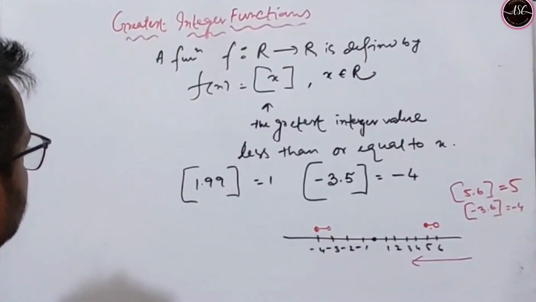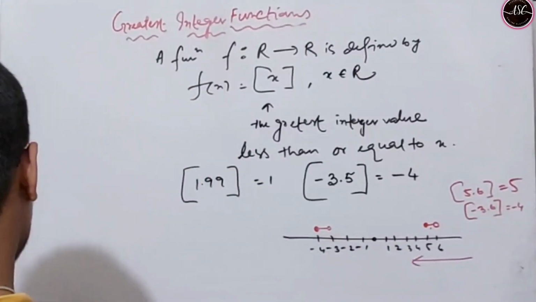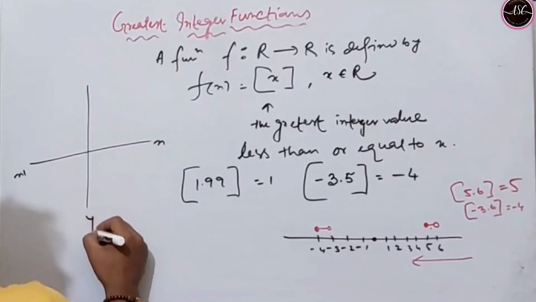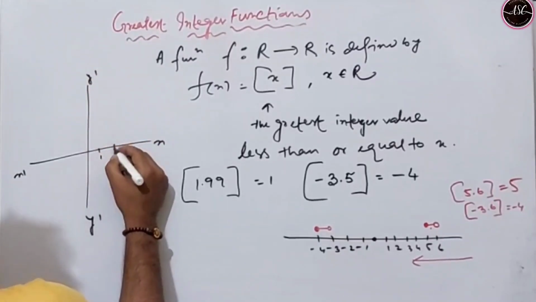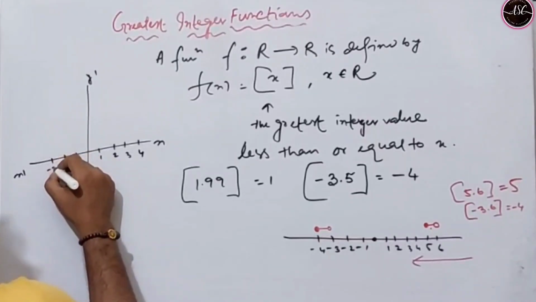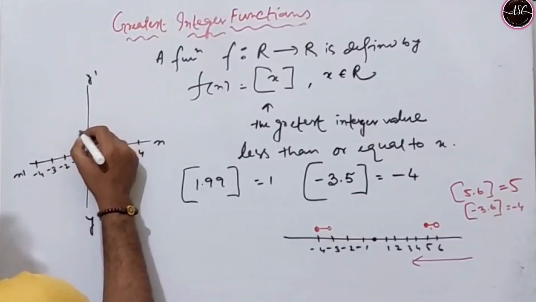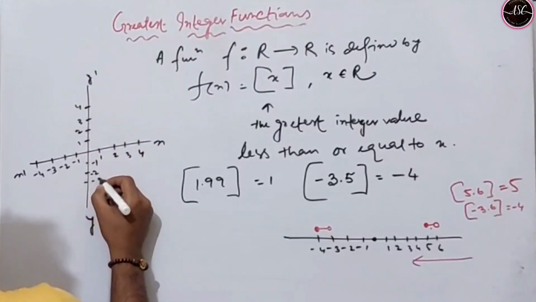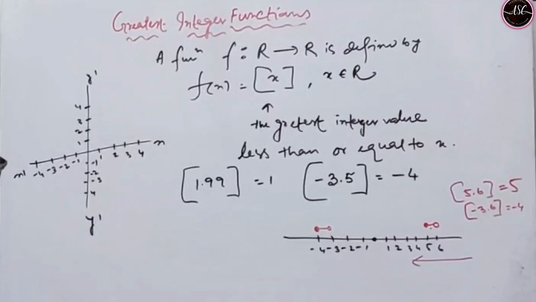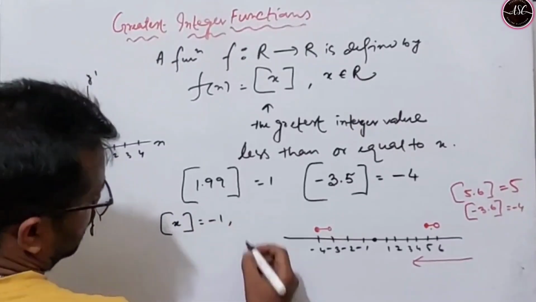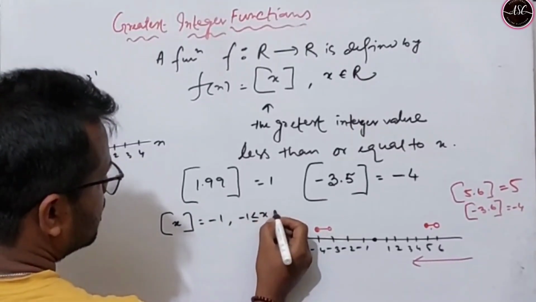Now by graph we can see this. Here x dash, here y dash, here y. 1, 2, 3, 4, here minus 1, minus 2, minus 3, minus 4. Just suppose we have [x] equal to minus 1, where minus 1 less than or equal to x less than 0.